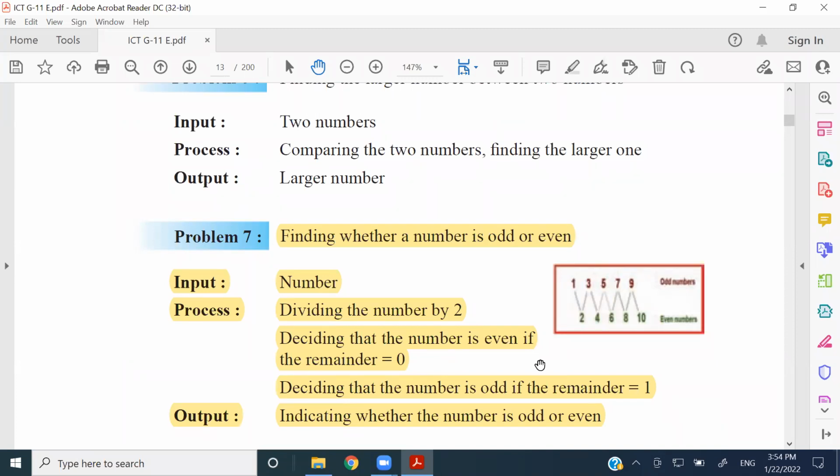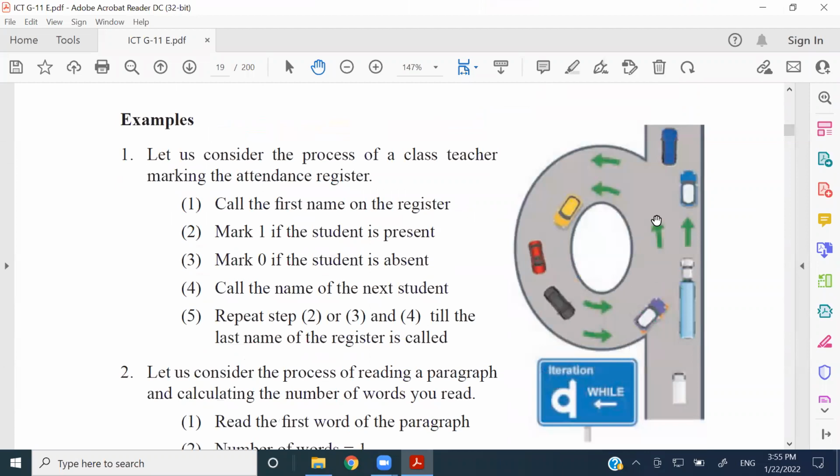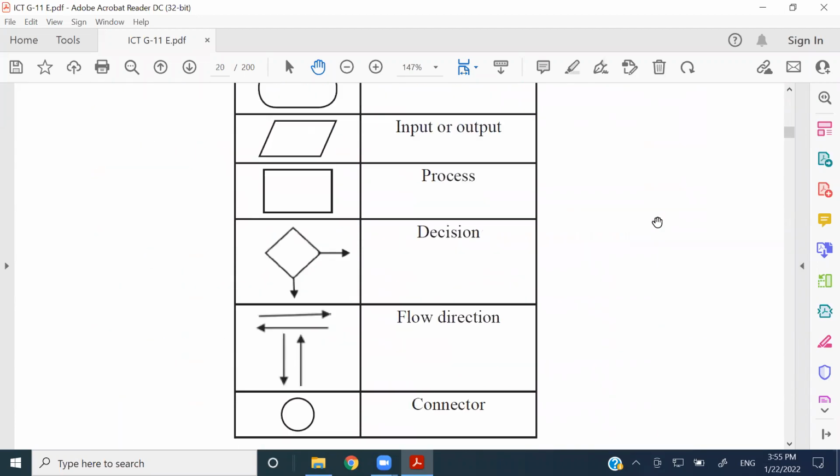You are going to check whether the remainder is 1, then you can figure out it is an odd number, right? So comparing, figuring out something regarding a condition can be illustrated inside this symbol. We are using the diamond shape to indicate the decision. So inside this, you should ask a question which can always be answered as a yes or a no.